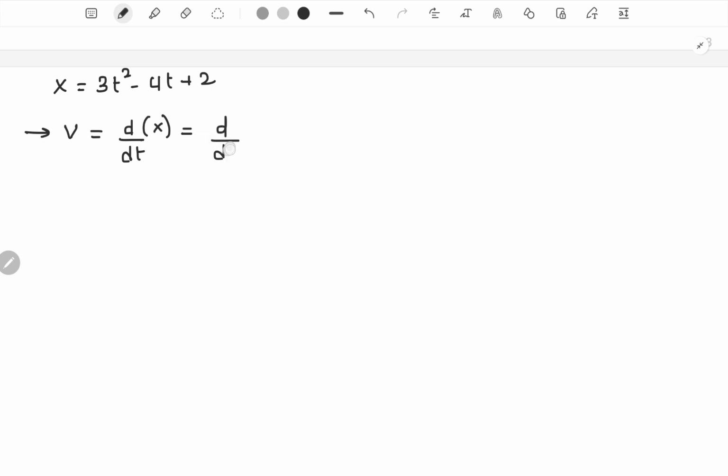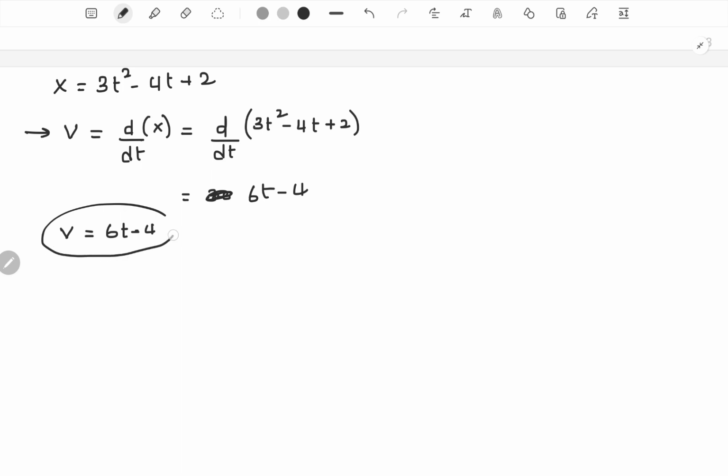So d by dt of 3t square minus 4t plus 2 is equal to, since you already know the basic differentiation, I'll write it directly, 6t minus 4. So 6t minus 4 is the velocity at a time t.